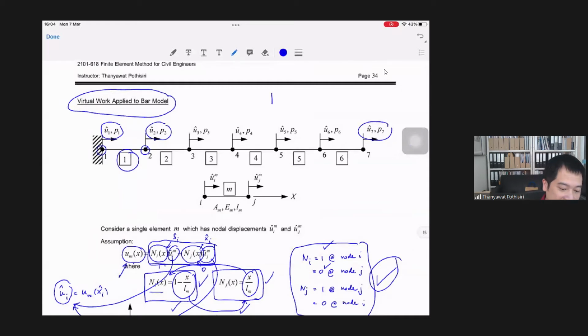So if you want to write an equation in this form for the entire structure, then this stiffness matrix of the structure would be 7-by-7, according to the number of degrees of freedom of the structure. And this û would be the nodal displacements, the 7 components of them, so a 7-by-1 matrix. And also the load vector here would be a 7-by-1 matrix, corresponding to the nodal force at each degree of freedom.